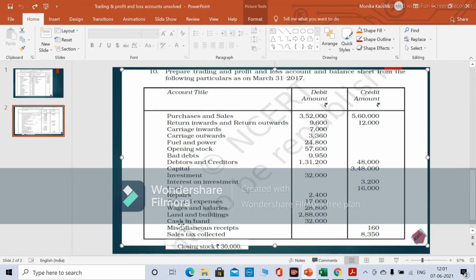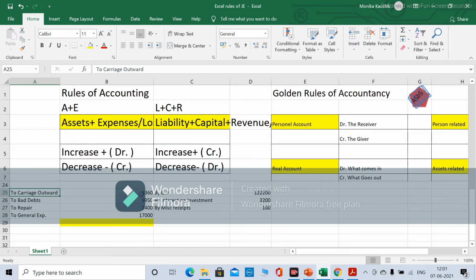Miscellaneous receipts, yes. Sales tax collected, yes, this is tax collected, this will be added to the capital. So this is not part of the profit and loss account. We will not take it into consideration here. We will take it into the balance sheet. This is a tax collected. Okay, so that's it.